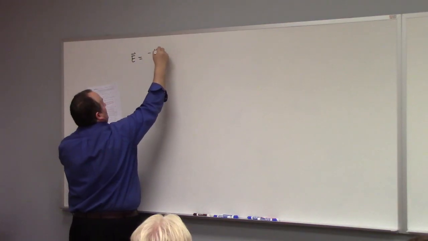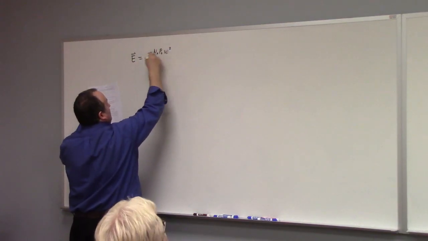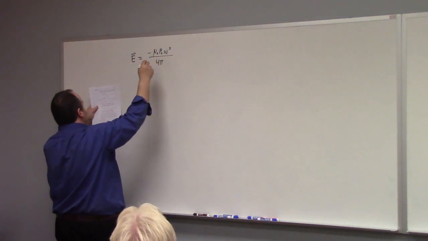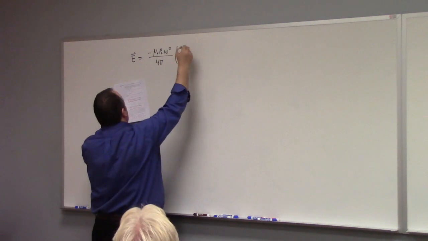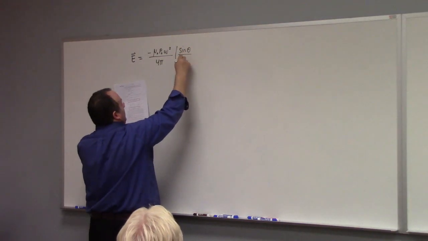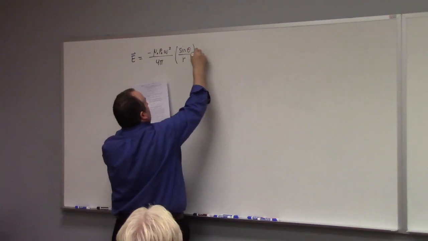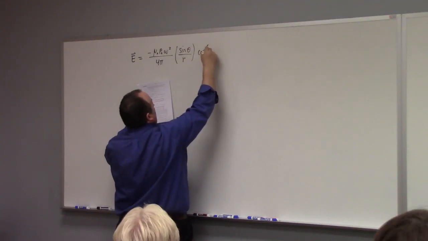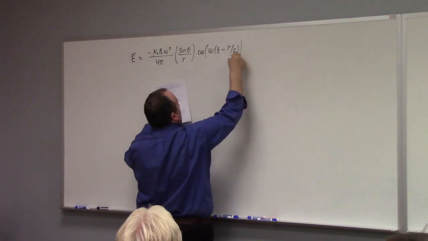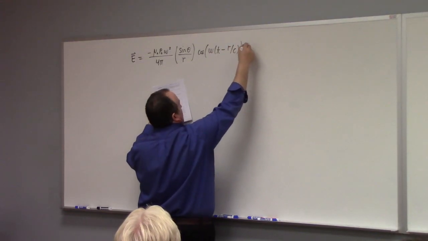So mu naught, p naught, omega squared. Really, it's just applying the things we worked out in chapter 10. This is the formula you get for the electric dipole radiation, subject to those approximations, of course.